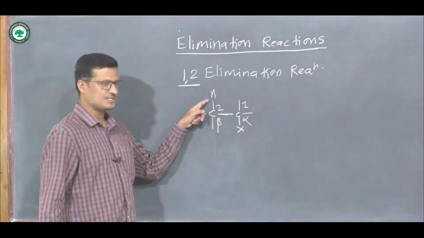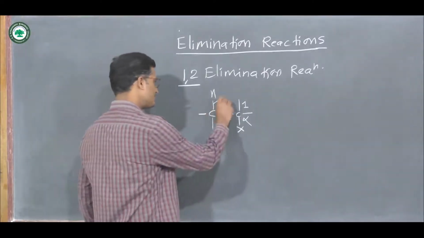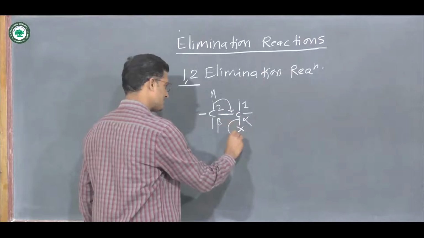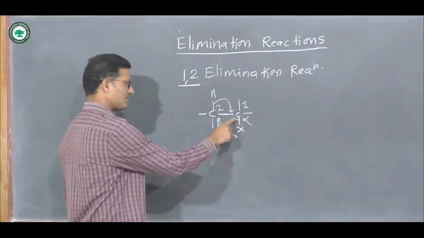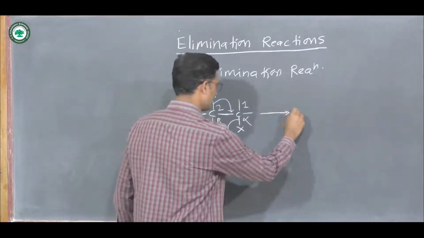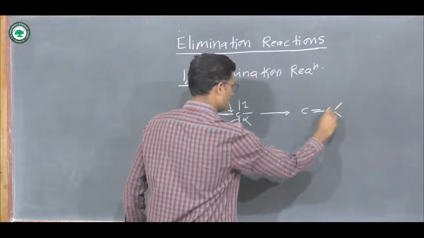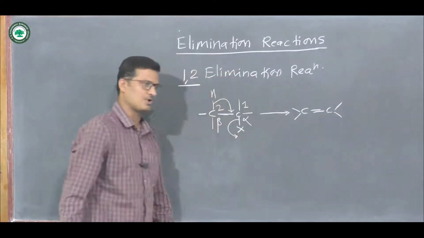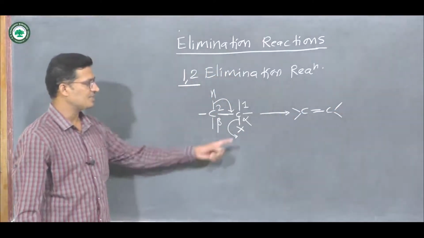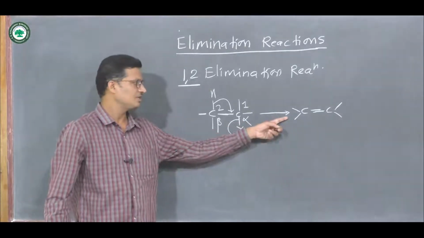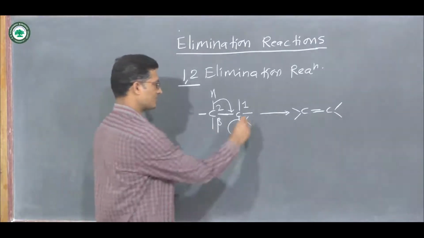When these two atoms from adjacent carbons are eliminated, there is a formation of products which have a higher degree of unsaturation. So this is called the 1-2 elimination.